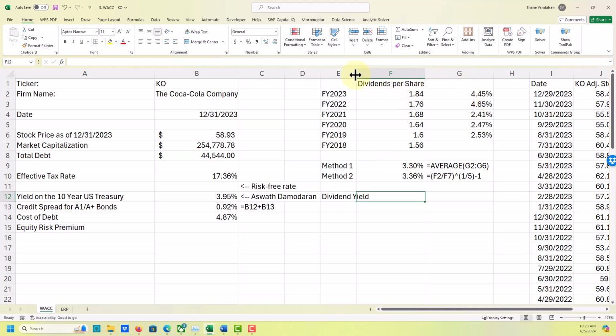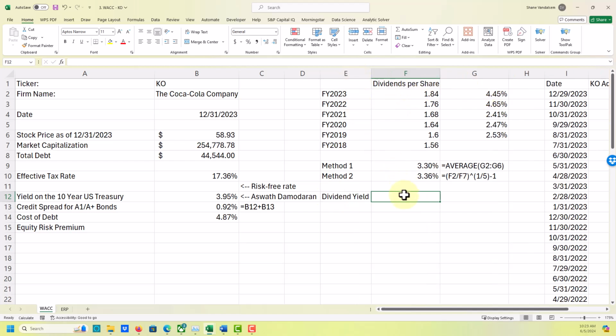And oftentimes you'll have the dividend yield as part of the information that's out there about the firm, or the expected dividend yield based on the expected future dividend of the firm. But we're going to go ahead and just calculate it here so you can see how it's done. So I'm going to take my numerator, which is going to be the last annual dividend paid, multiplied by 1 plus the expected growth rate in the dividend, which is 3.3%.